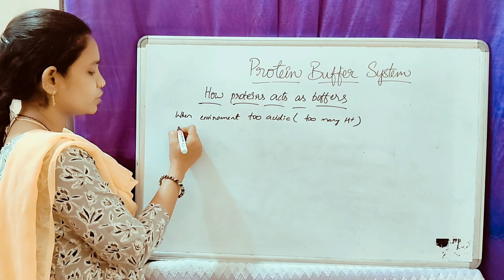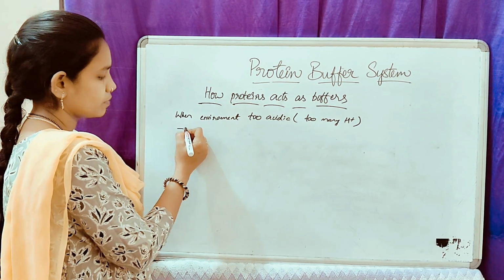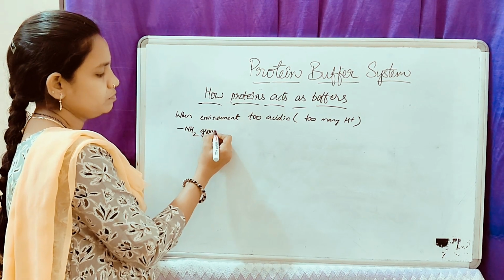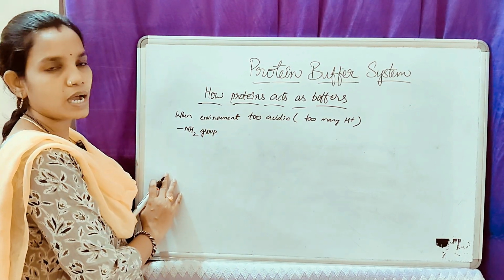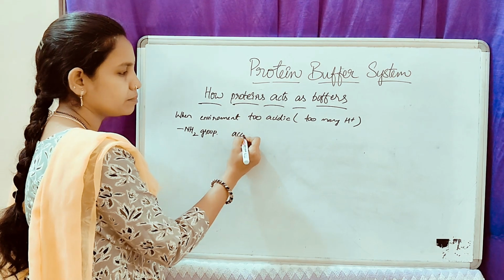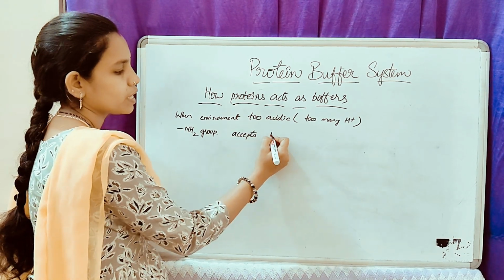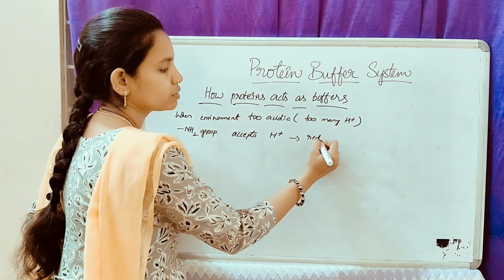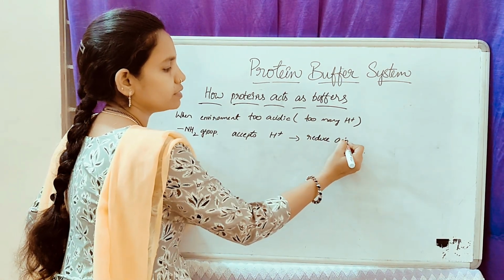What will happen? Protein side chains like amino group will accept H plus ions to reduce acidity.